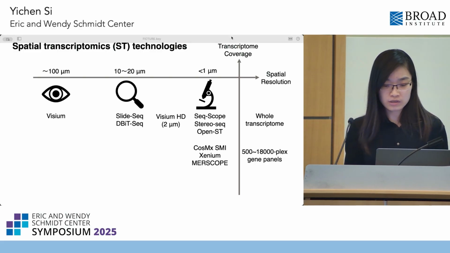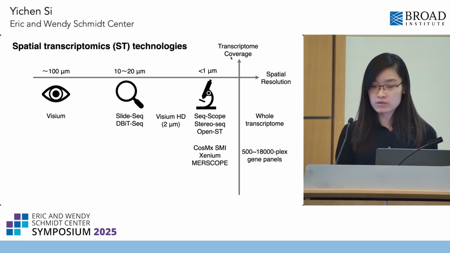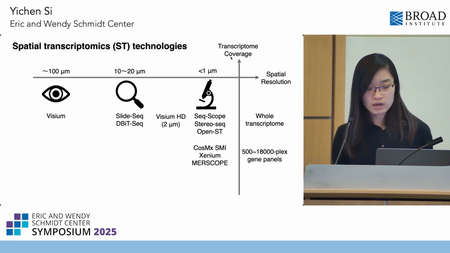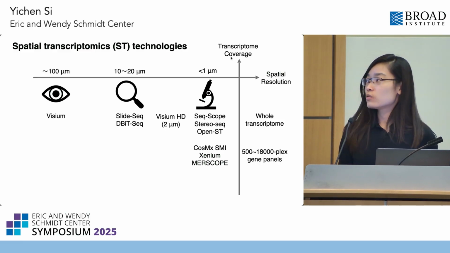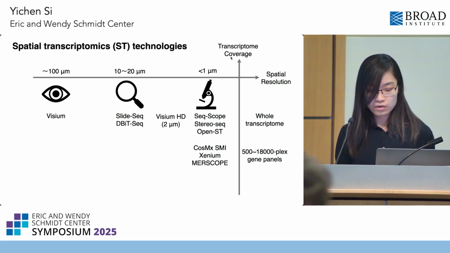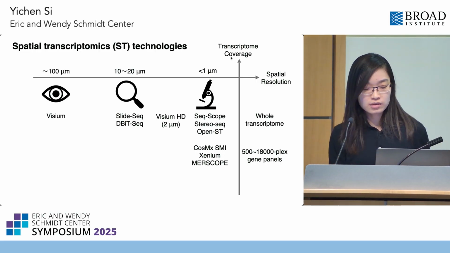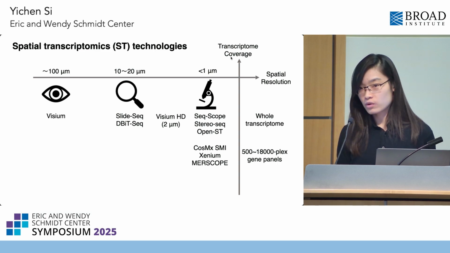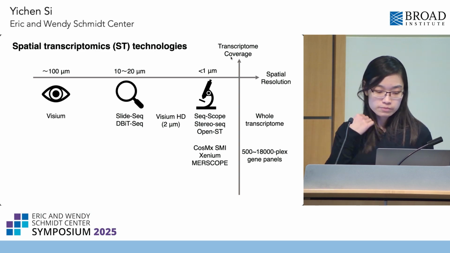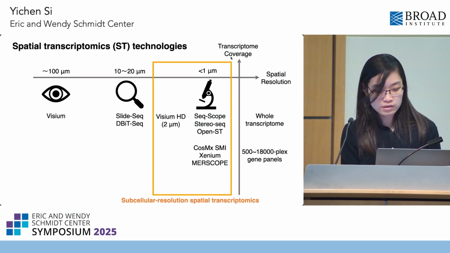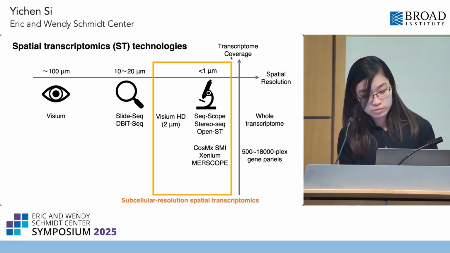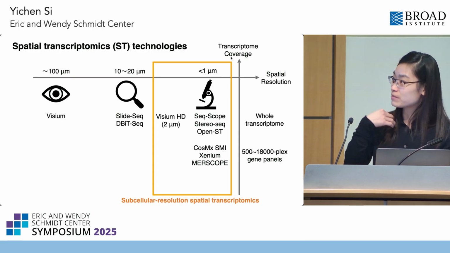Sequencing-based technologies, on the other hand, can unbiasedly profile the whole transcriptome. But earlier technologies have rather low resolution at a multicellular scale. More recent technologies like Seq-Scope and Stereo-seq have achieved submicron resolution comparable to microscopy. So our methods are designed for any spatial transcriptomic data with subcellular resolution.